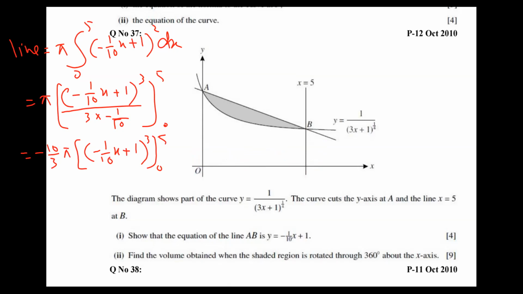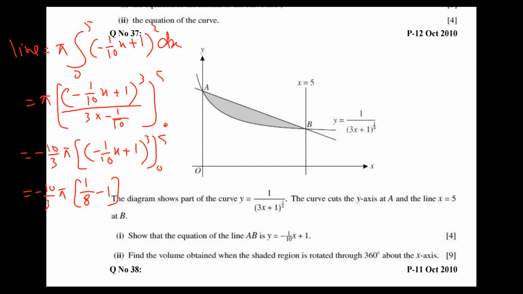And now I'm going to plug in the values negative 10 by 3 pi. And when I plug in the 5 in the place of this, let's see what answer comes. So 5 and negative half plus 1 become half. Half 1 power is 1 by 8 comes. Minus. Now put 0 in the place of this, and 1 becomes 1. Let me check again.